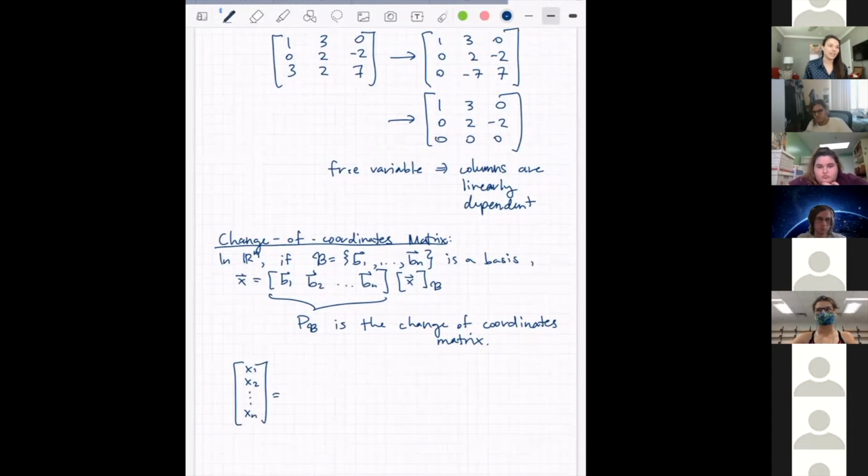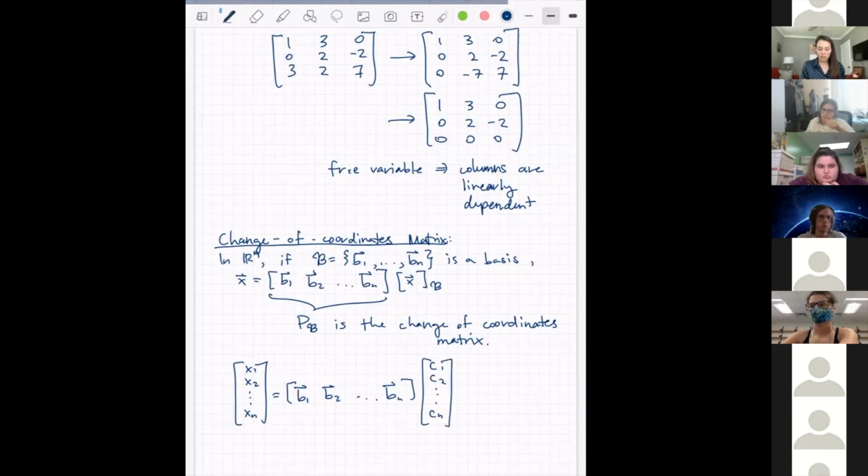If we multiply out this side, the B coordinates, say, are C1 up to Cn, and we know that matrix multiplication can be done column by column.